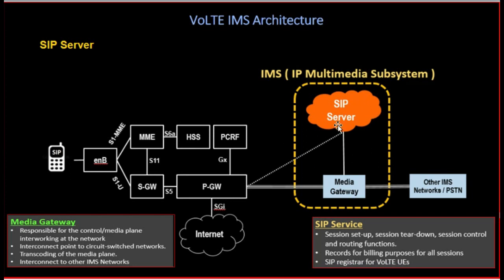The function of the SIP server is that users register with the SIP server, which is part of the control plane and signaling. This SIP server will set up the media part, or payload, of the voice call with the media gateway.